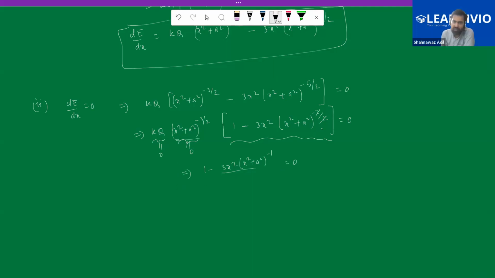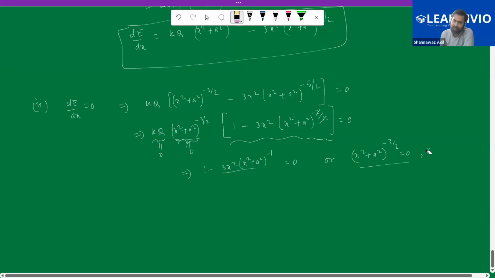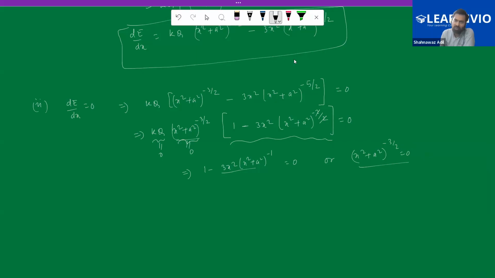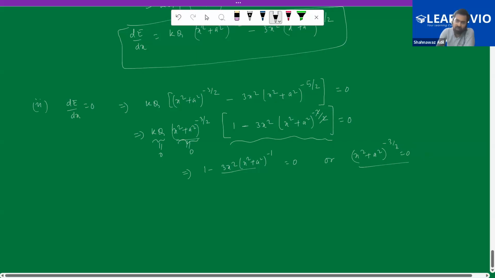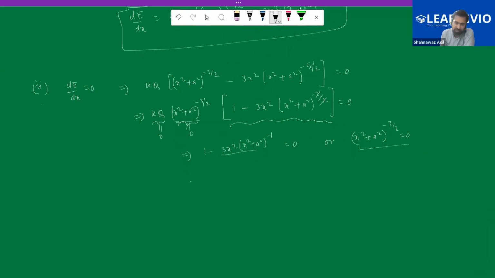So I can take this one equal to 0 or this one equal to 0, because k and q cannot be 0, right? So only this one is 0, right? Okay, so we will not solve this one. Let us solve only this one.